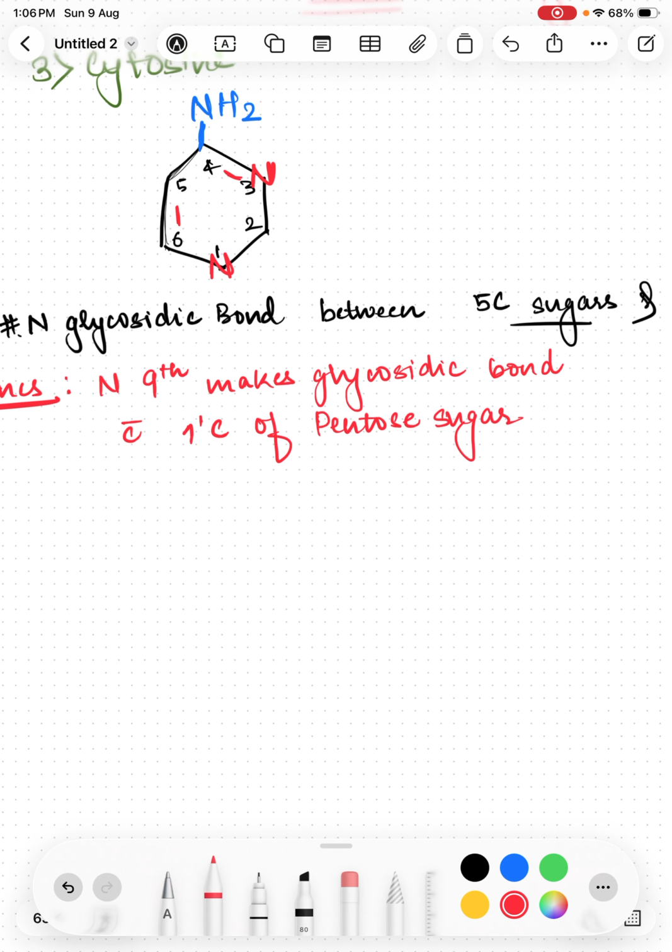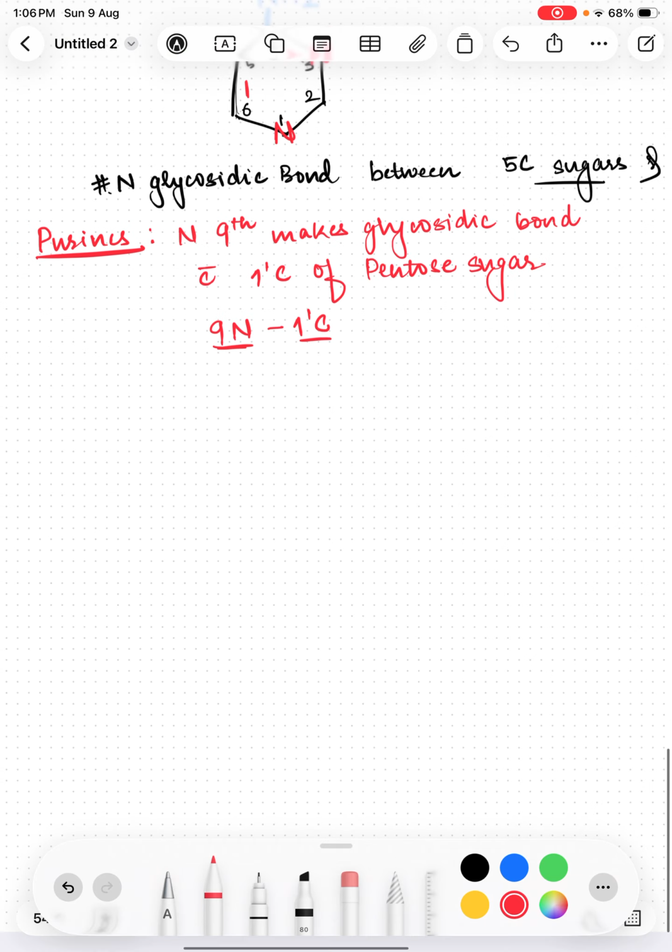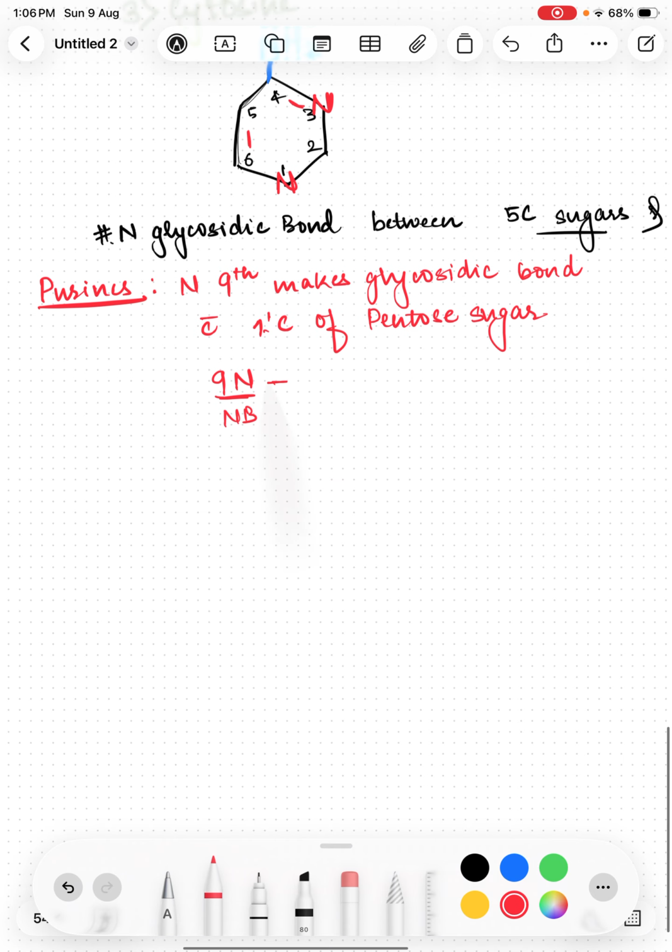So in purine it is the nitrogen at the 9 position that will pair up with the carbon at the first position present in the sugar. This is in the nitrogenous base and this is in the pentose sugar, or you can say ribose sugar.